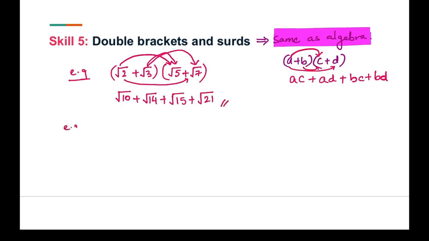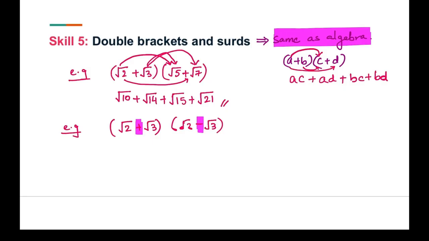All right. Another example could be square root of 2 plus square root of 3, and then square root of 2 minus square root of 3. What happens here is mostly in exams they give conjugate pairs, right? These here are called conjugate pairs because there are same numbers, just different signs in between, right? So how do we solve this?